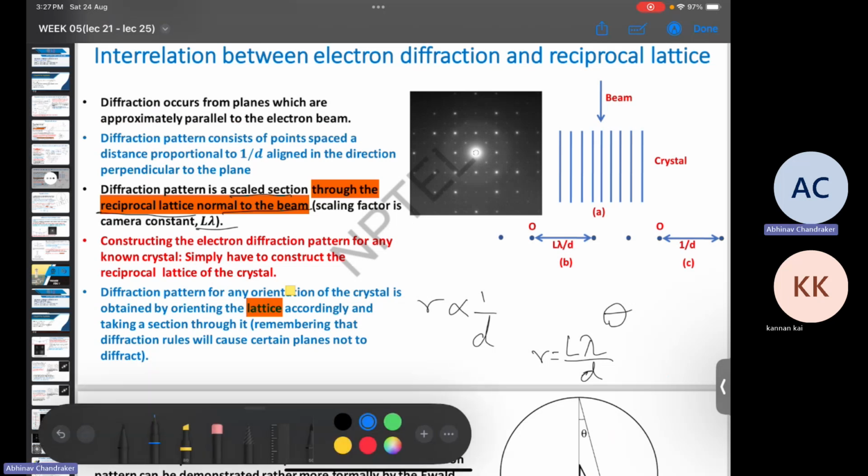We can say this because we know that in the reciprocal lattice, the diffraction vector of any plane will have a magnitude of 1 by d, and if we scale it by multiplying with L lambda, what you will get will be the same as the diffraction pattern you are getting in TM.